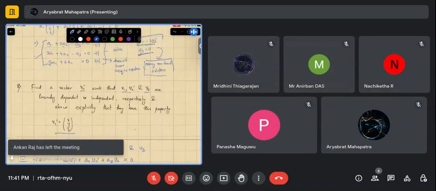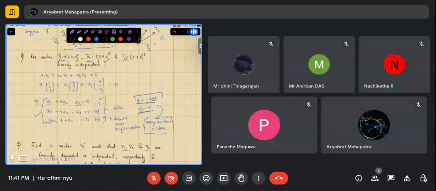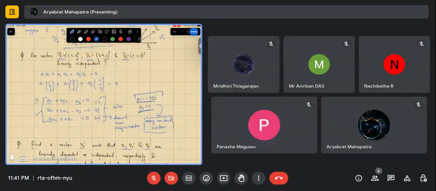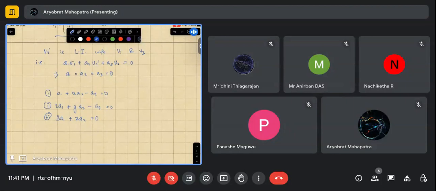I just did the same thing as last time, but instead of v2, I have v2 prime, which is xyz. I plugged that in and got this equation.